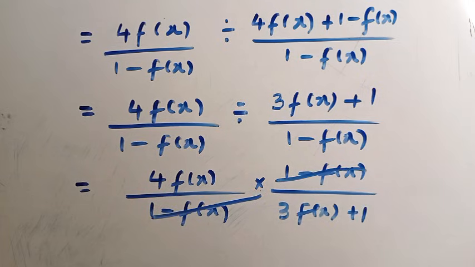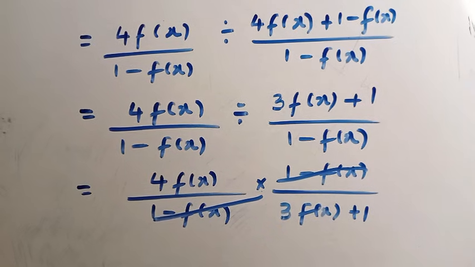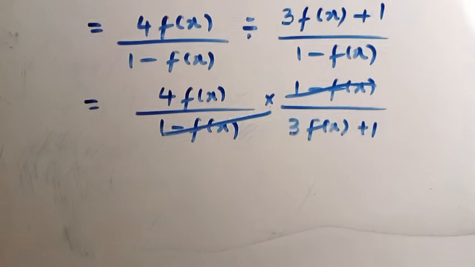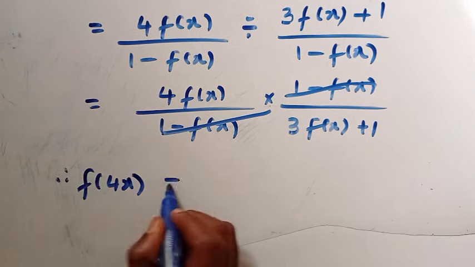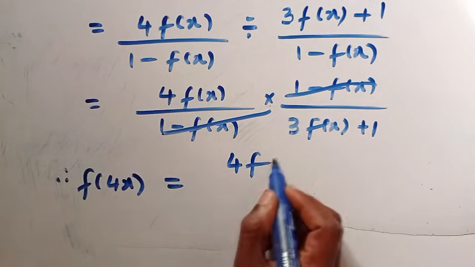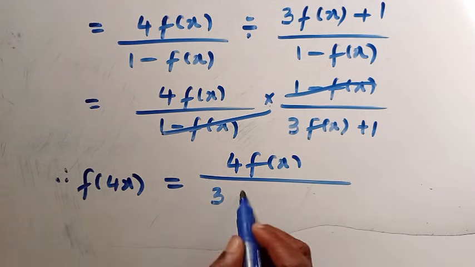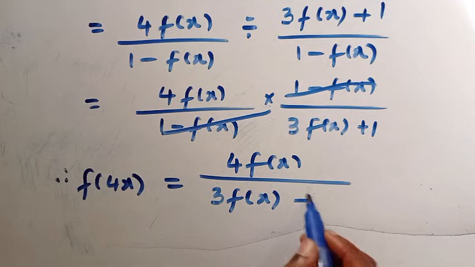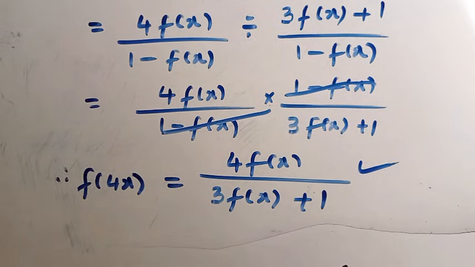Both cancel, and we are left with the answer that we needed, which is f of 4x equals 4 f of x divided by 3 f of x plus 1. So this gives us the answer to this problem.